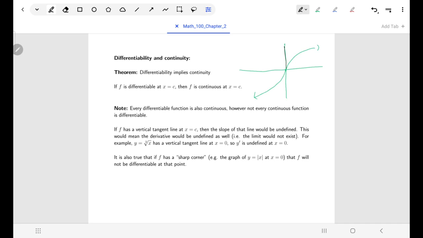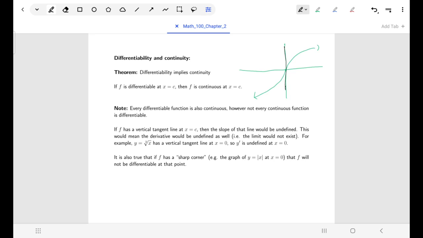And as it turns out, for the cube rooting function, as x goes to 0, the tangent line that we would have there would be a vertical line. And vertical lines don't have slopes. Vertical lines have undefined slopes. So if the tangent line has an undefined slope, then that means the derivative has to be undefined as well. So even though cube root of x is a lovely continuous function, unfortunately there is no derivative when x is 0, which means it's not differentiable when x is 0.